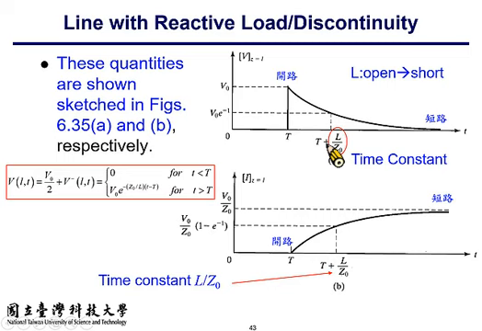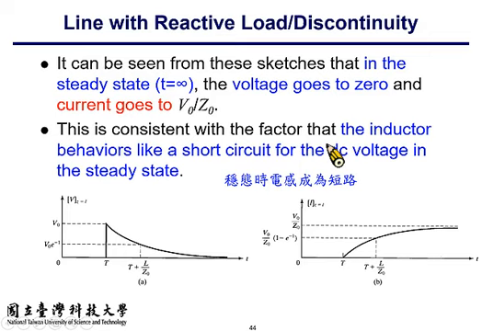You can also see from the current graph that as the inductor is charged up, the current becomes larger and larger, and it can be approximated as an open circuit at the beginning and a short circuit after a sufficiently long time.